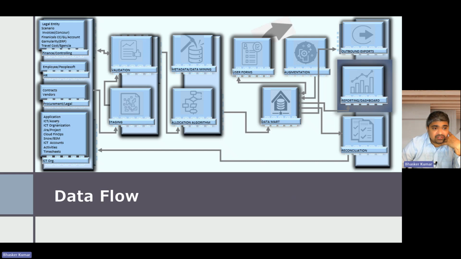A lot of non-financial statistics will come from your day-to-day service platform like Snow, your project platform like Jira, and timesheets. And then there is a certain part where I want to highlight that the ICT leadership needs to define those things, like how your ICT organization is structured.